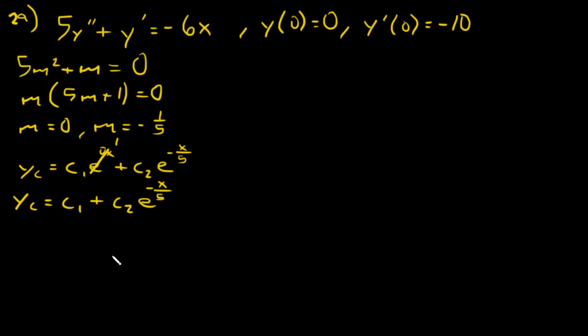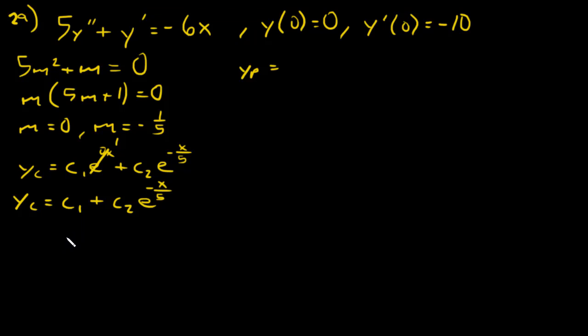Okay. Now, y sub p, what is my guess? Well, there's just an x term over here, so my guess would have been ax plus b. But it's not ax plus b because I already have a constant in my y sub c. So that b won't work.